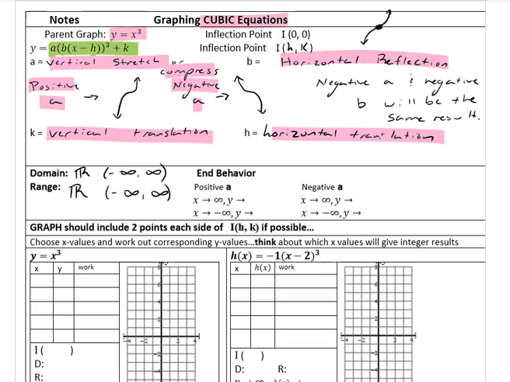So end behavior, if you have a positive a and a positive b: as x is going this way, my y is going up, which means my y is going to positive infinity. And as x is going to negative infinity, my y is going down, which will make that negative infinity.